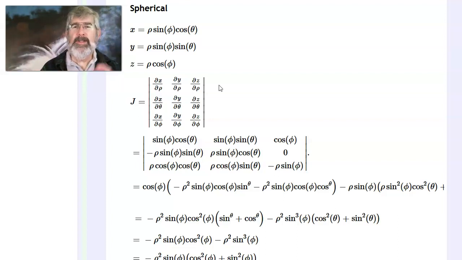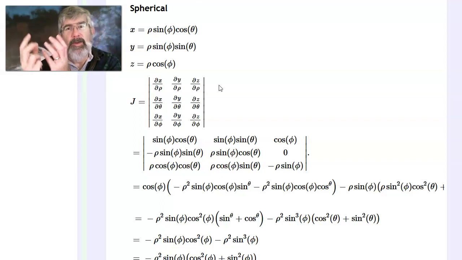And when we're talking about the area, or in this case the volume, one little cube in the rho theta phi space will be mapped into some little shape in the XYZ space, and we're trying to figure out what's the volume of that little thing that it becomes. And so it might give us a positive, it might give us a negative. So typically, you just throw an absolute value sign over whatever you get. I'm going to kind of get negative here, and I want it to be positive.